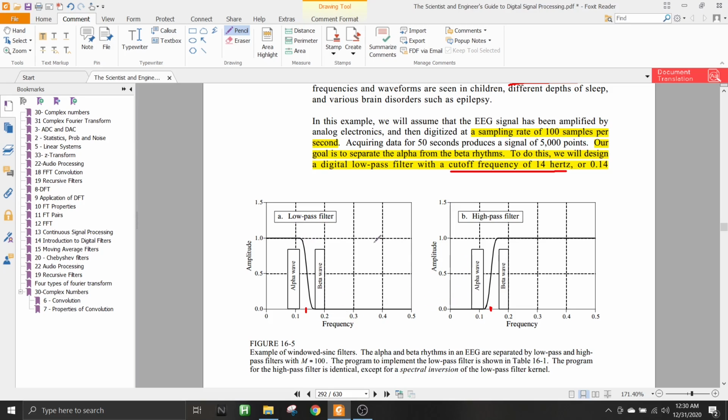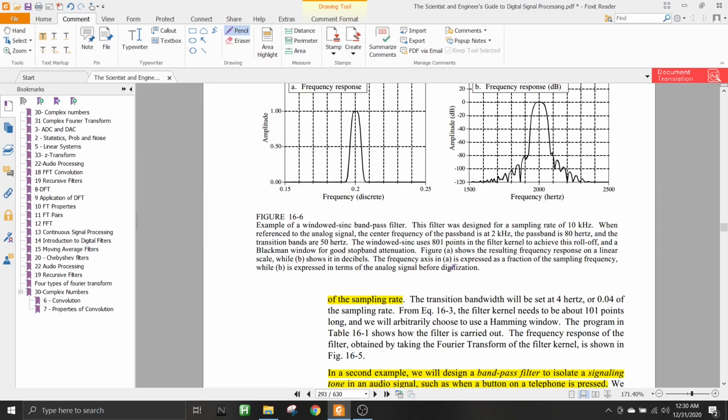If we started from an ideal high pass filter, and did all those things like truncation and multiplying with the Blackman window, then we would have gotten the window sinc filter that would act as the non-ideal high pass filter. This is how we could have used window sinc filters for separating out the alpha wave and beta wave.